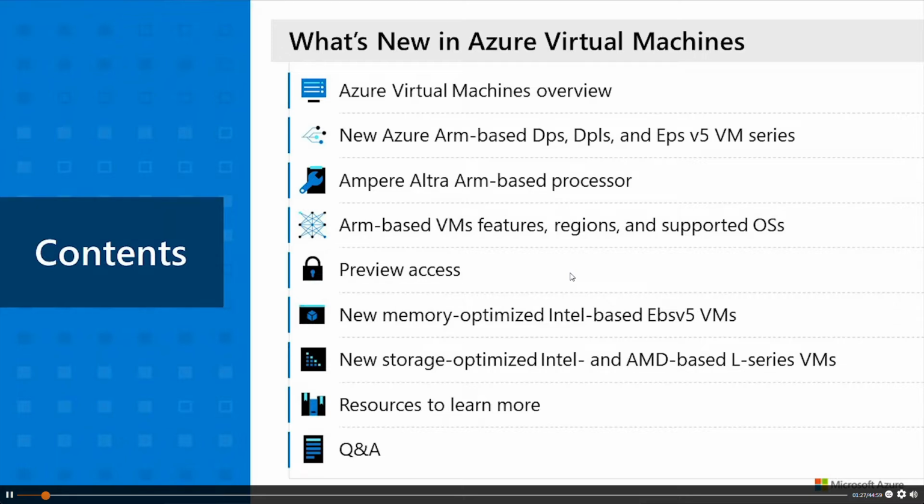I'll introduce you to Azure's new ARM-based VMs, and talk about how you can get preview access. And then I'll pass the baton to Priya to introduce the new EBS V5 VMs, and Sasha to talk about the new L-Series storage optimized VMs. We'll close with a round of Q&A, and you can enter questions in the chat window at any time during the session.